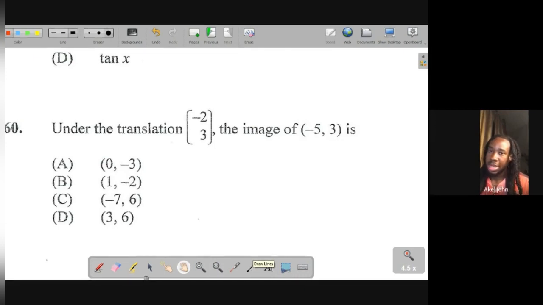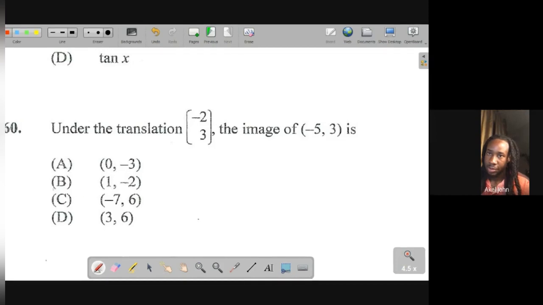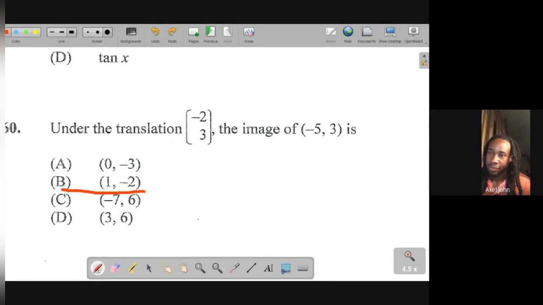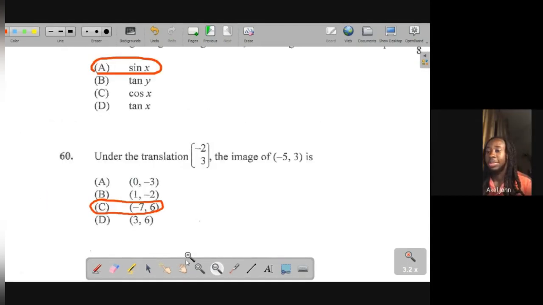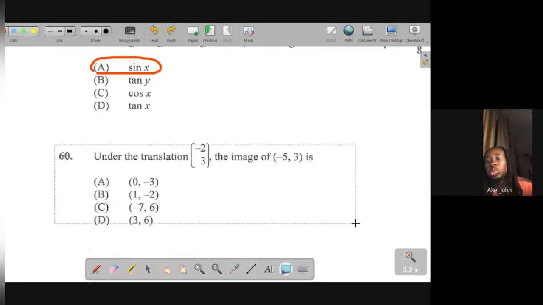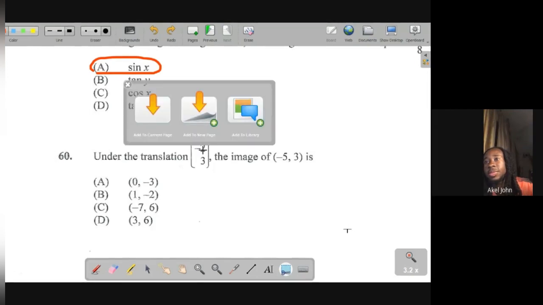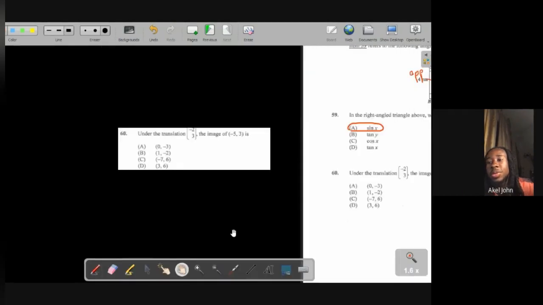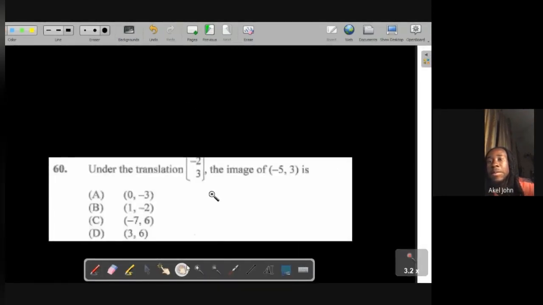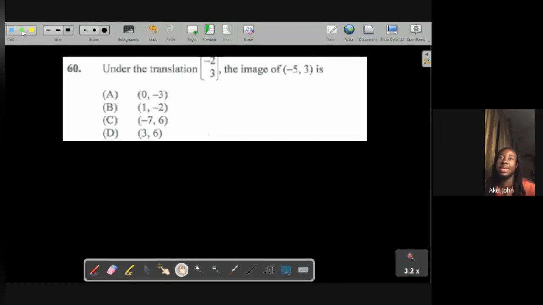The answer is C. Do you understand why? So you have this vector.